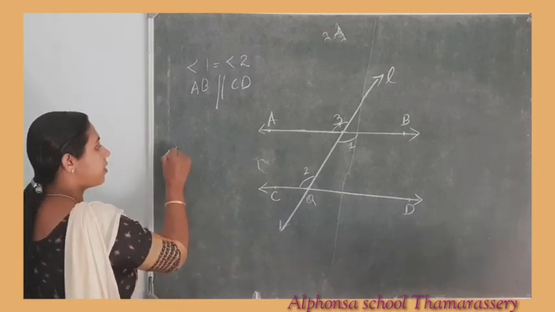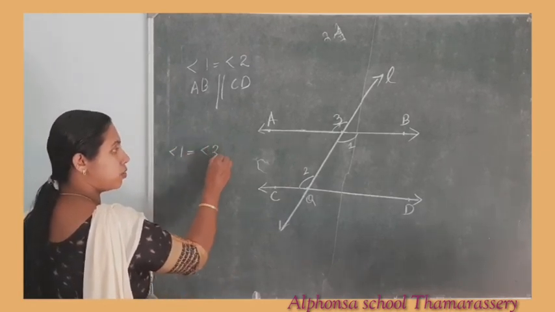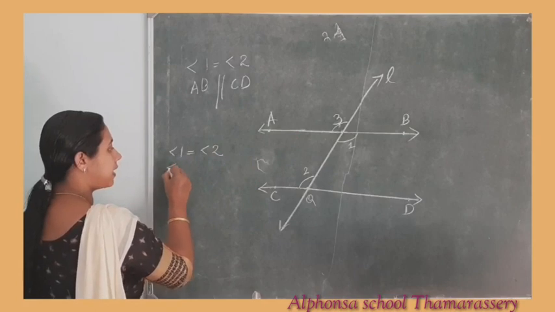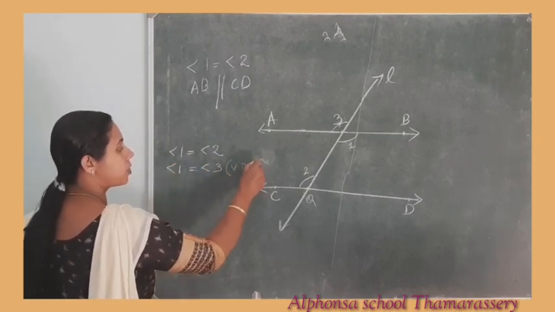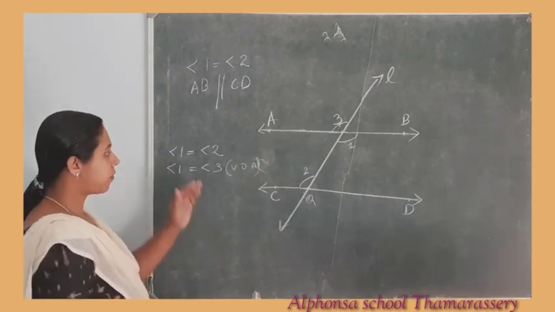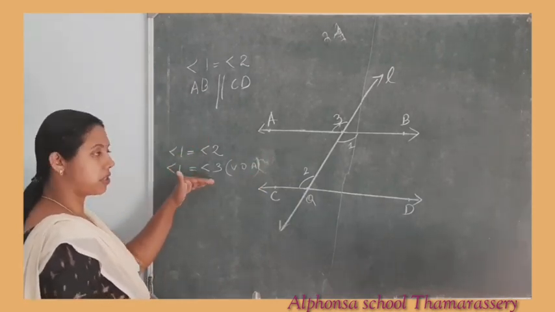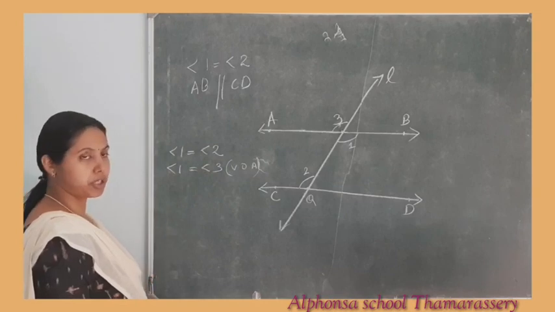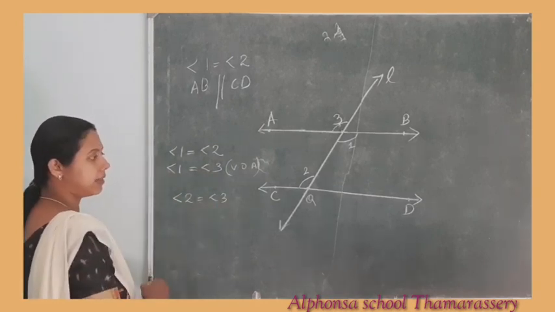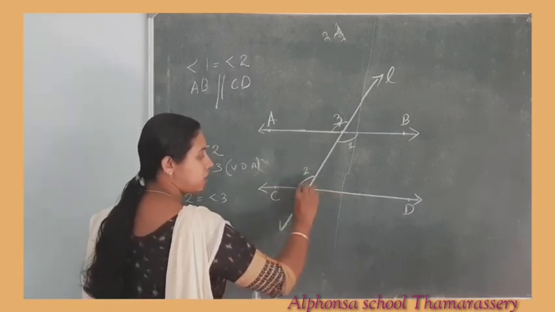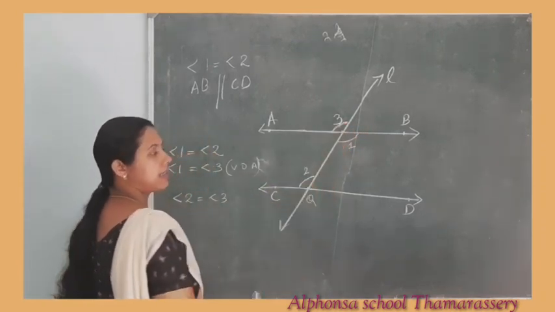Already it's given that angle 1 is equal to angle 2. So from equation 1 and equation 2, we get angle 2 equal to angle 3.